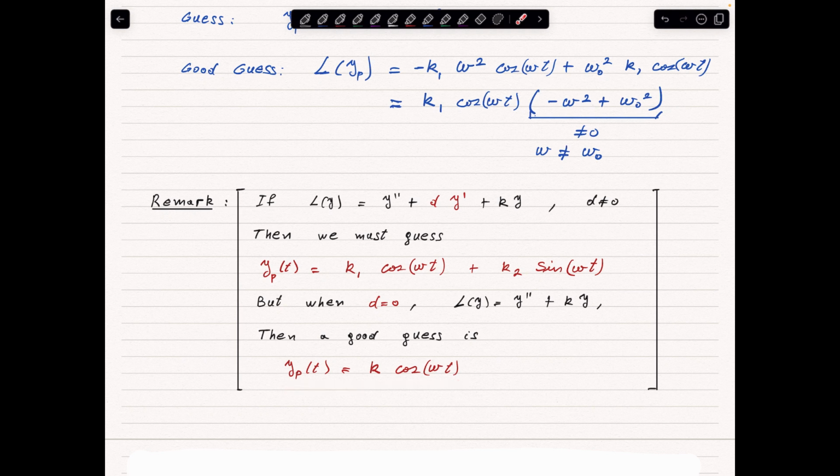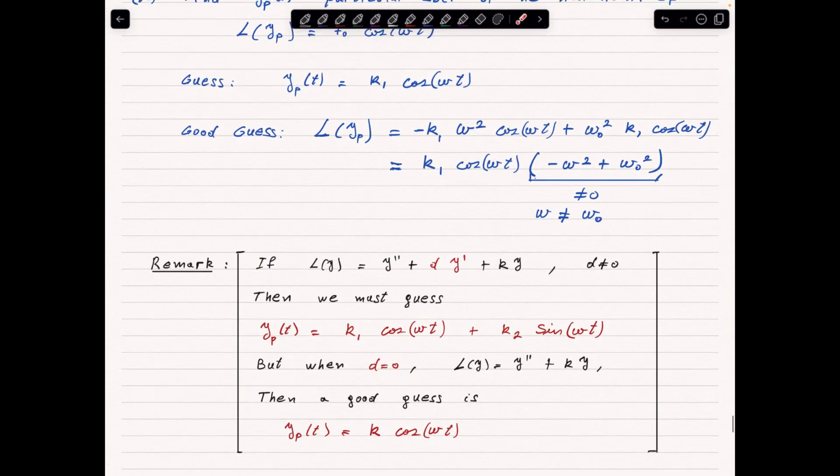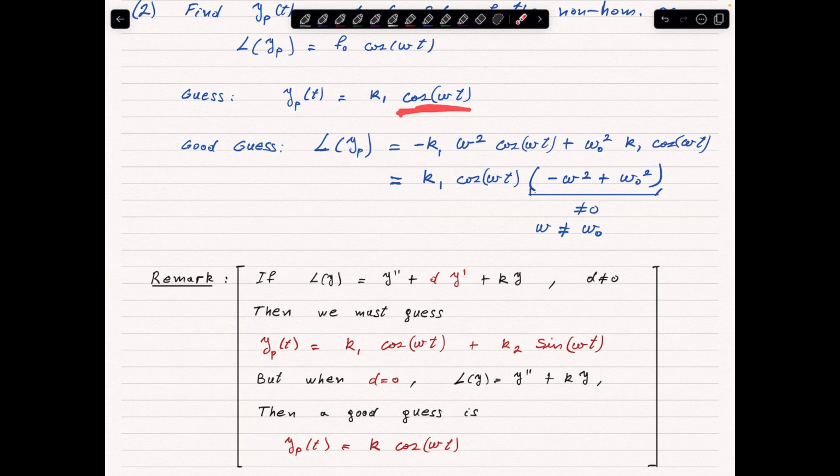And the reason is, when you have the first derivative, it mixes both sine and cosines. If your guess is cosine only, and you have this first derivative, then when you put it here it is going to create a sine.